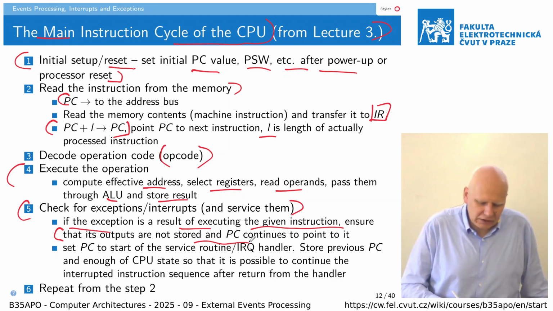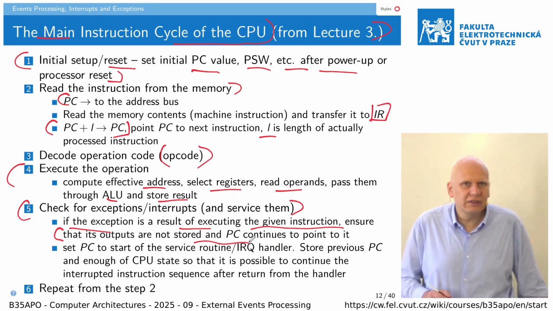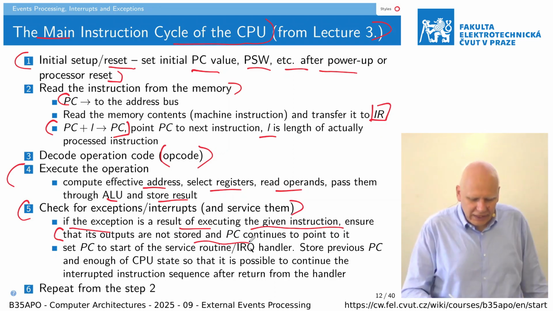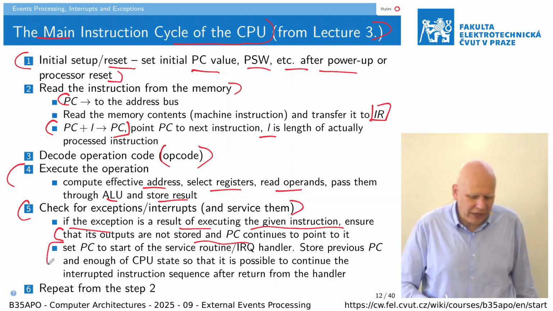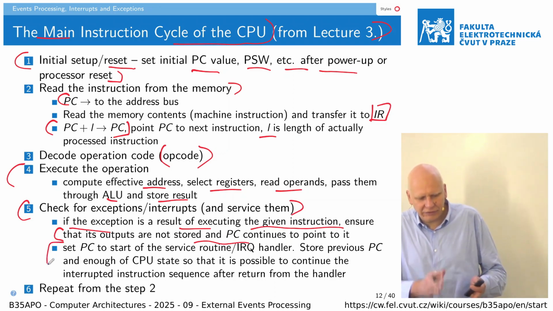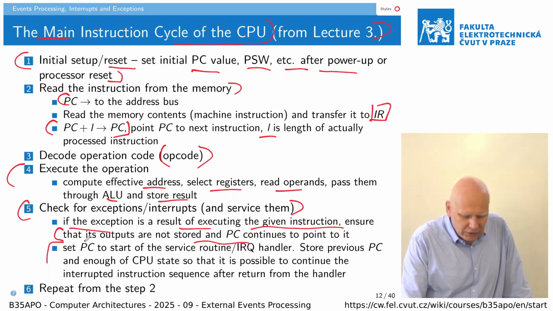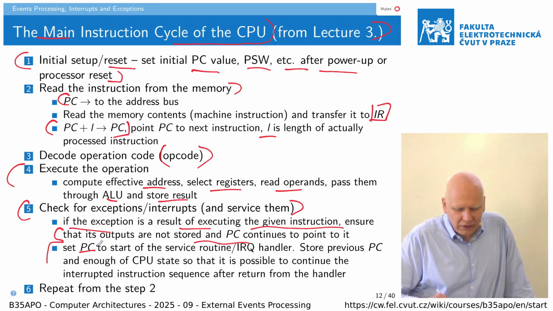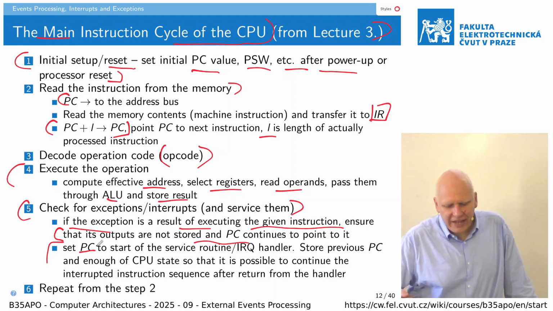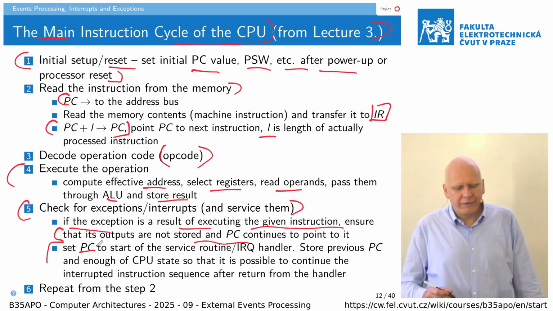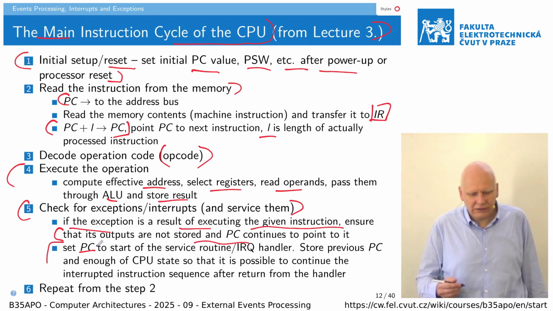In the case of an external, asynchronous event, it is not directly connected to a given instruction. So in this case, we finish, or ensure that basically the stream is finished, to some instruction. Then we store the PC, program counter, pointing to the first unprocessed instruction, which has not yet started to be processed.